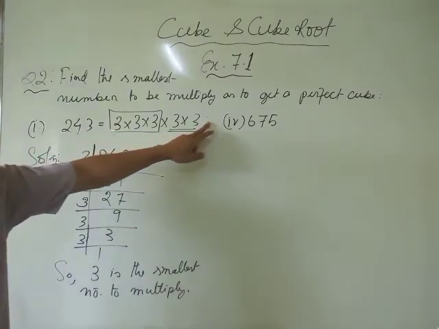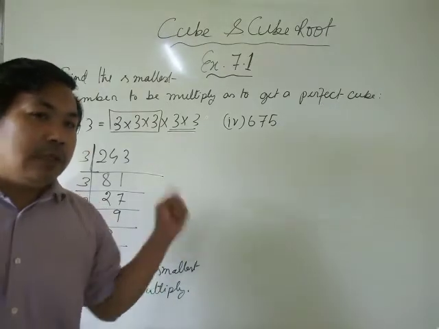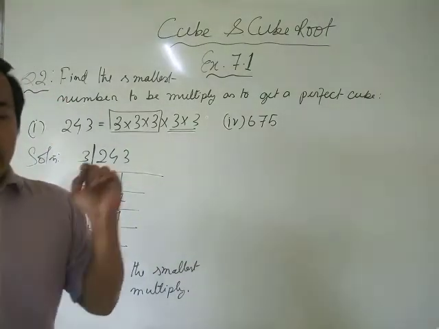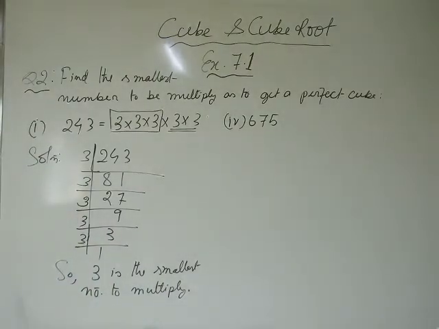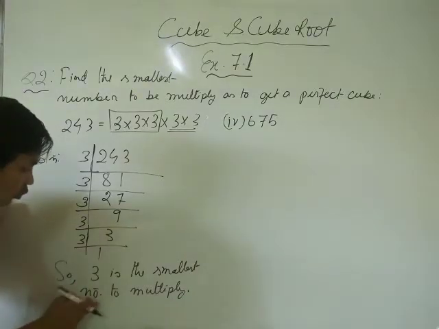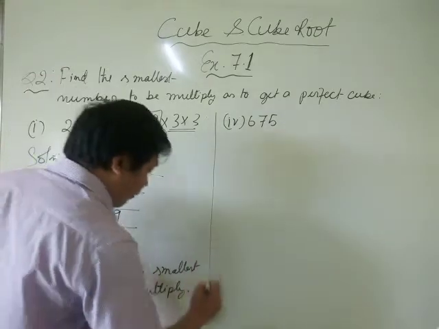One more 3 is required. That means 3 is the smallest number to multiply to get the number as a perfect cube. So this is the answer. Okay, clear? So like this, we will find out for this one also.